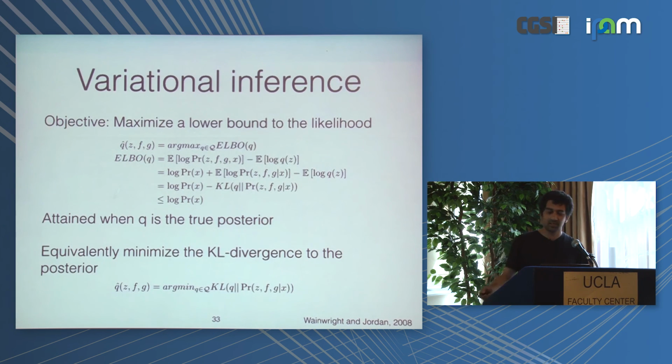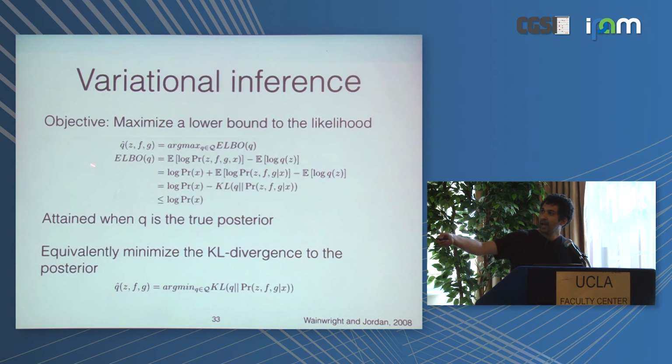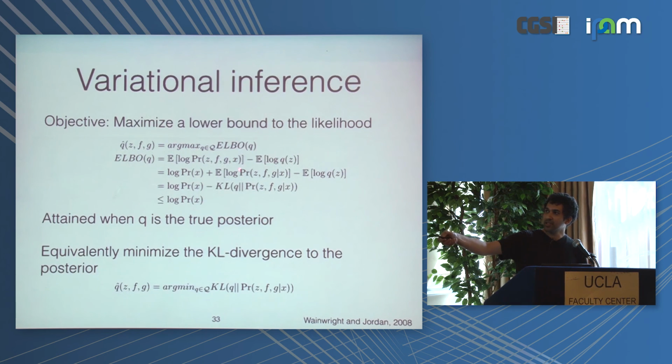It's a function of the distribution that you're choosing, and you're computing the expectation of the log posterior relative to this distribution, as well as an entropy term. When you work out the math, it turns out that this objective is a lower bound on the true likelihood that you'd like to optimize. So by maximizing this objective, you're maximizing a lower bound on the true marginal likelihood.